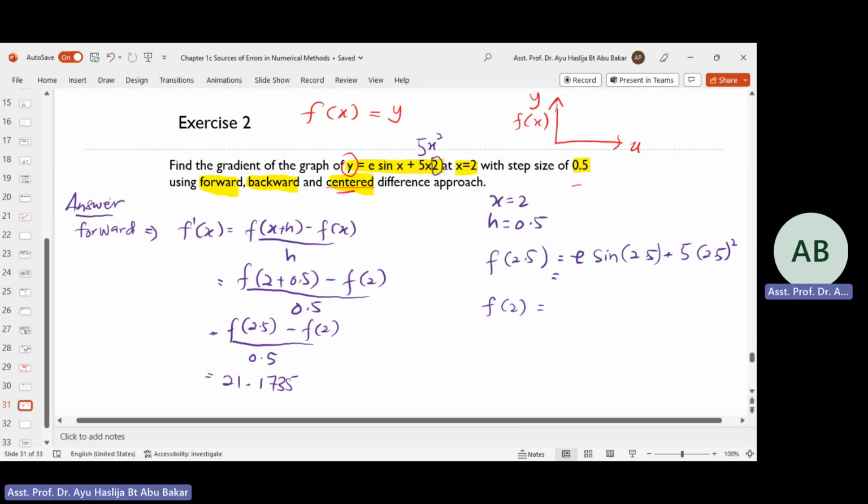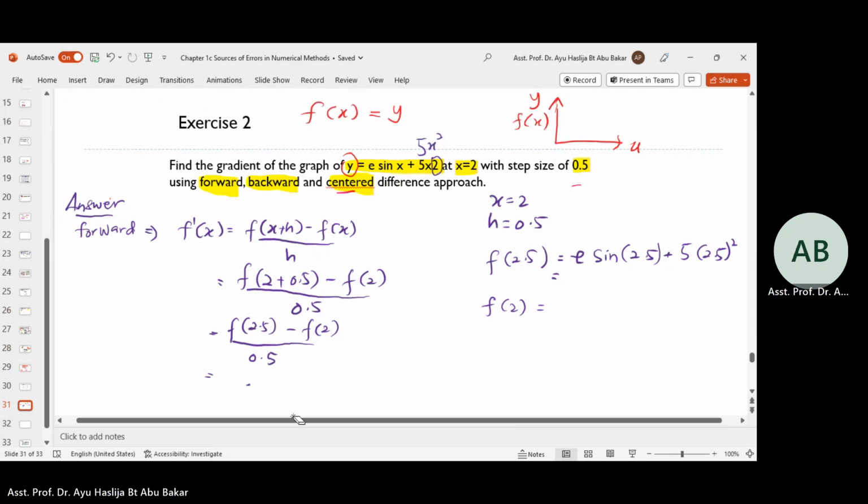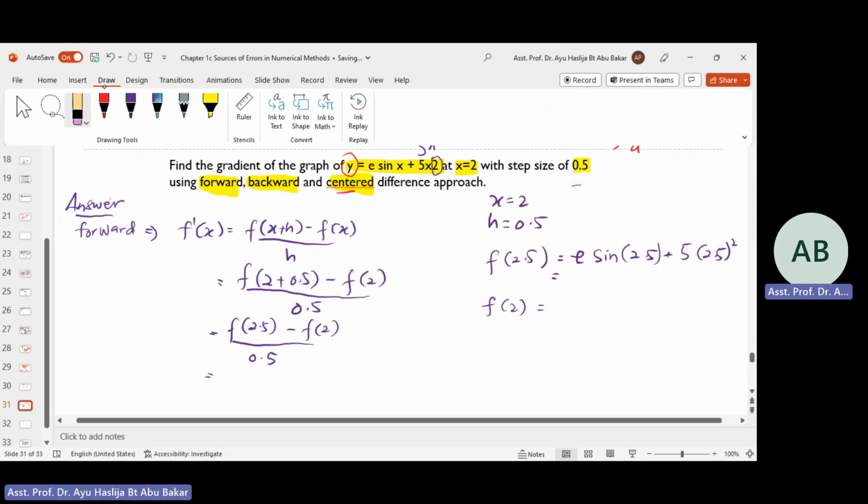Sorry, the answer is different. What do you get? I recalculate, I get a different answer. 22.4, using the mode radian, right? Okay, let's check.